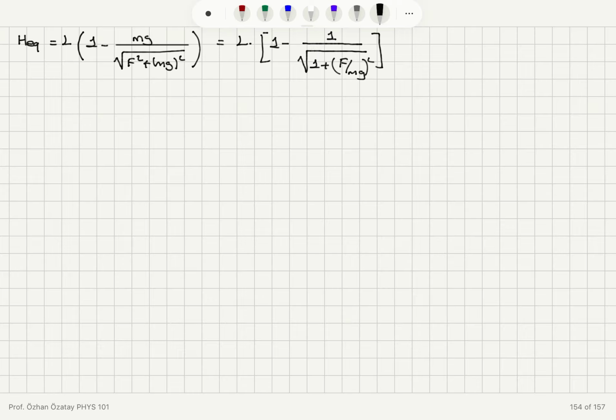Again, I do this to get the dimensional picture here. It has the dimension of length L.